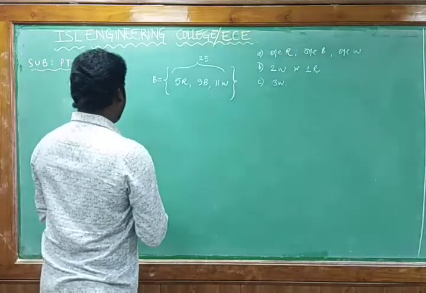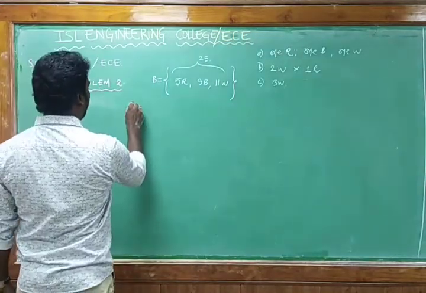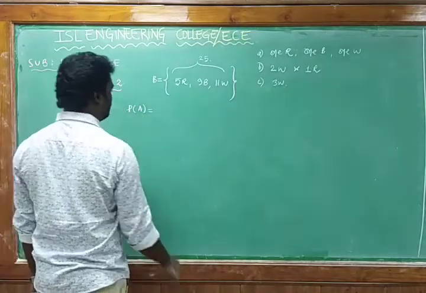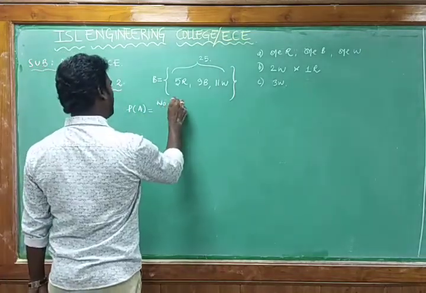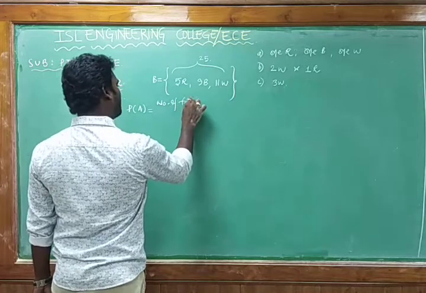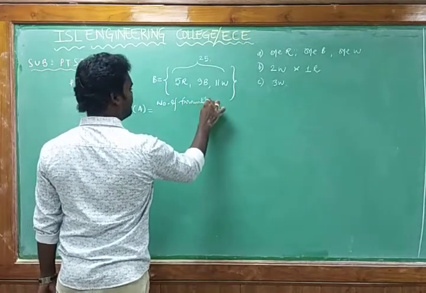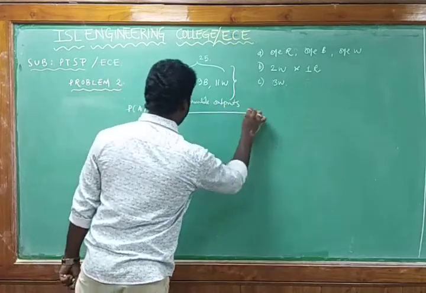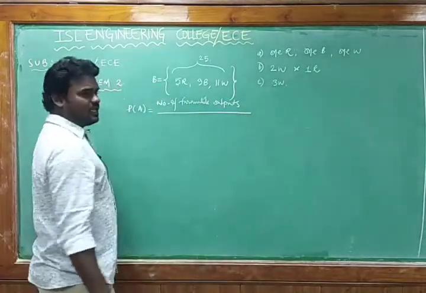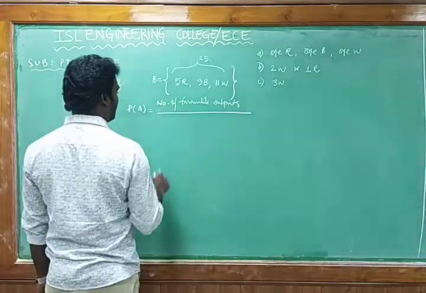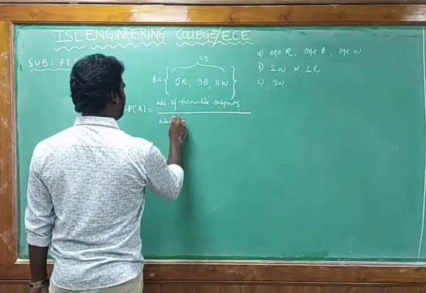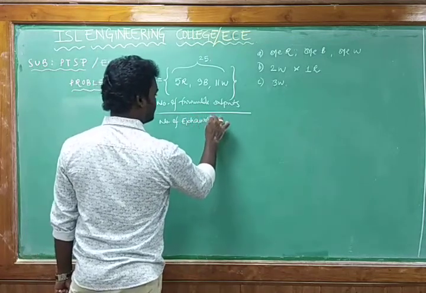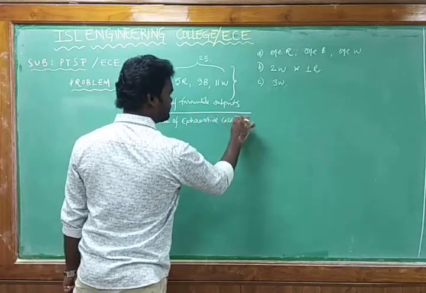The definition of probability: the probability of an event, P(A), is equal to the number of favorable outcomes divided by the total number of exhaustive cases, or sample space. This is the formula we know.